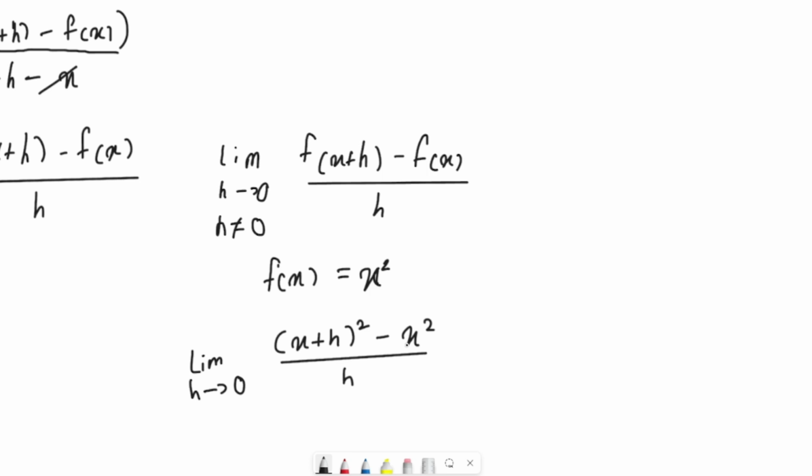So now I'm going to expand this. So this is equal to x squared plus 2xh plus h squared minus x squared over h. And notice that x squared and minus x squared are present, so we can cancel these.